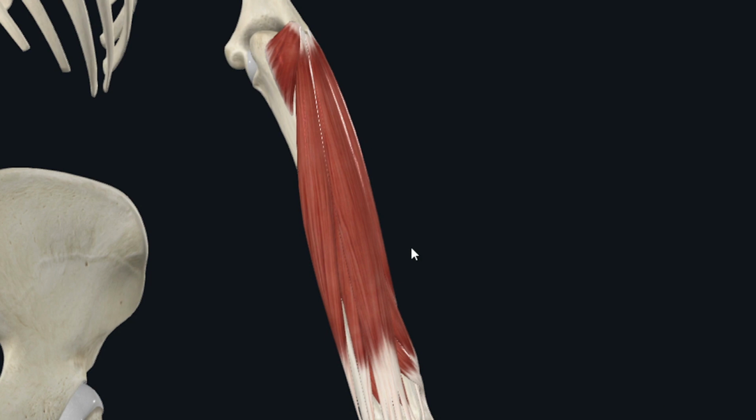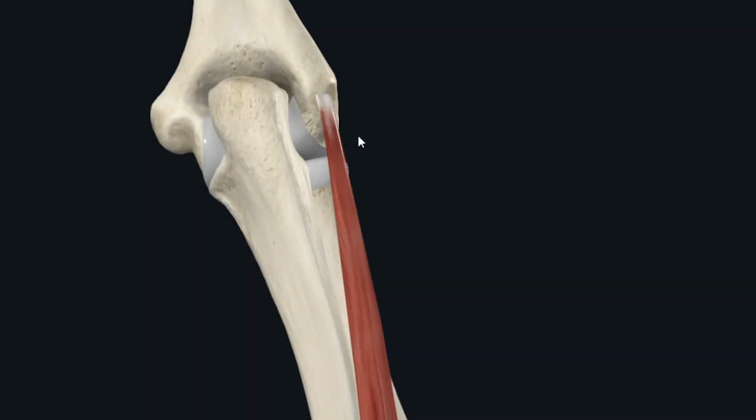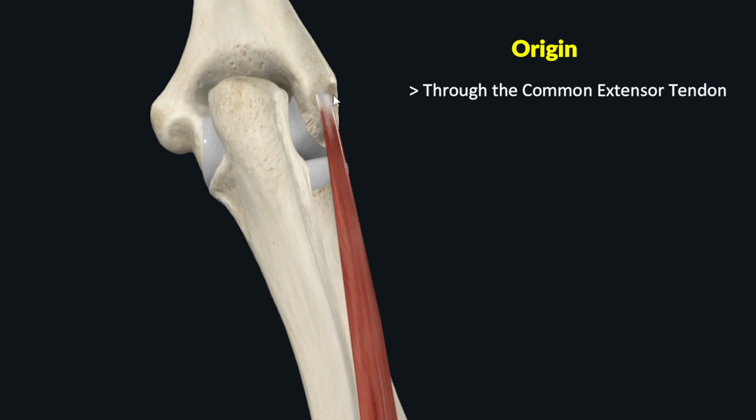Okay, so having covered the first two superficial muscles of posterior forearm, we will now move towards the third muscle, and that's the extensor digiti minimi muscle. So just like its fellow superficial muscles of posterior forearm, this muscle originates through the common extensor tendon from the lateral epicondyle of the humerus.